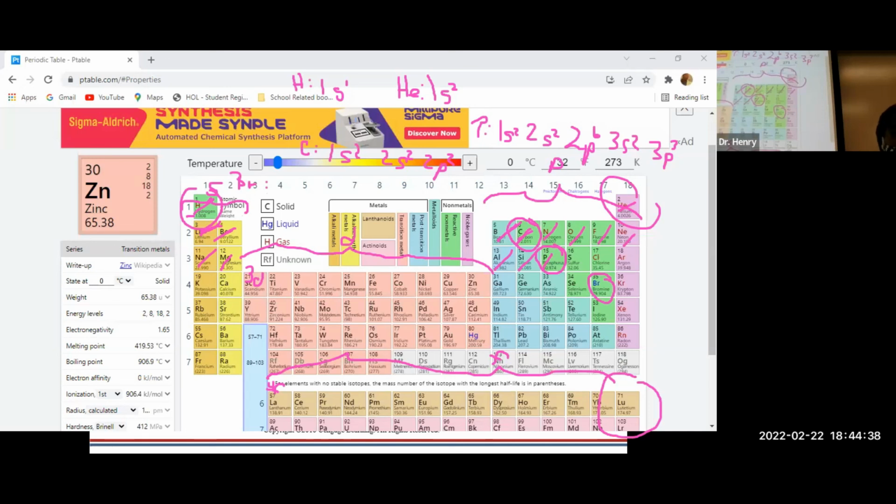Okay. And I'm going to use a different color so you guys can see. So we have 1s2. Okay, so that accounts for that first set, right? Then it's 2s2.